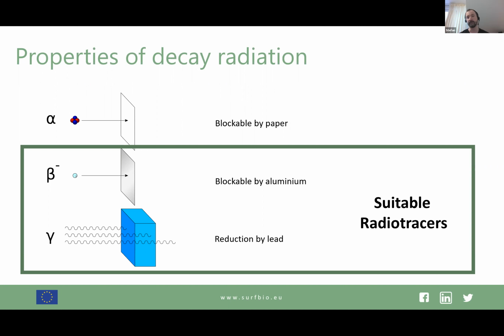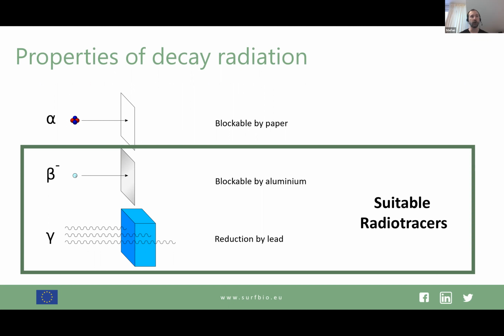So suitable radio tracers usually undergo beta minus decays or gamma decays. The beta plus decay that I mentioned before, with the positron, is a special case. We will come back to that, and you will know what is up with that.